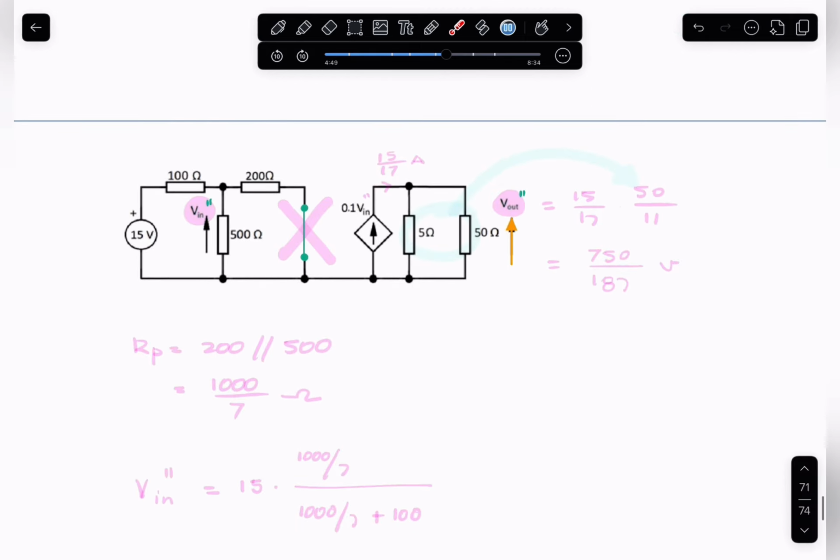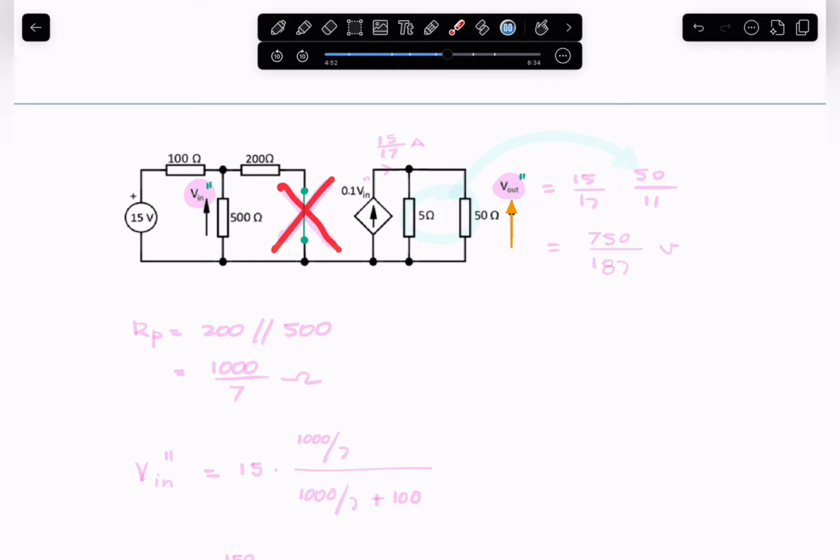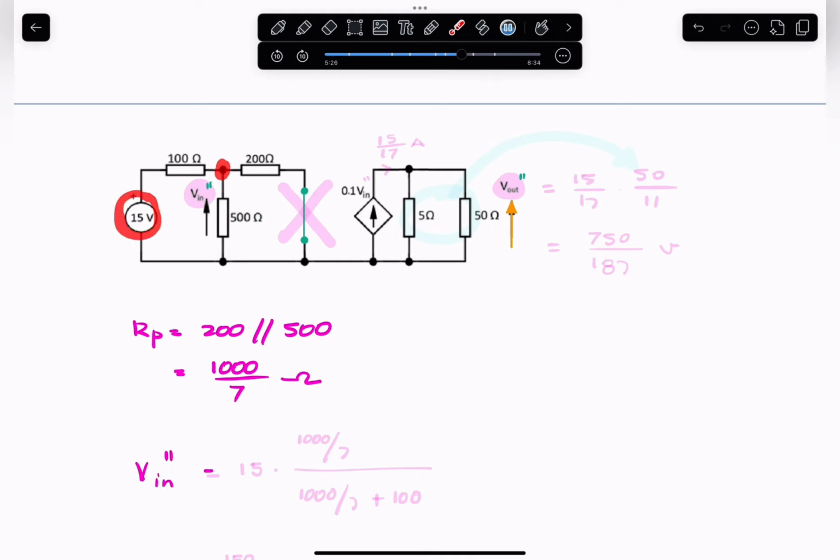Now, if we were to eliminate the second voltage source, again by replacing it with a short circuit, we now have the 500 and 200 ohm resistances in parallel. So our RP is now 200 and 500 in parallel, and that gives you 1000 over 7. And again, to find V in, or V in prime, or double prime in this case, it'll be, again, the voltage divider rule.